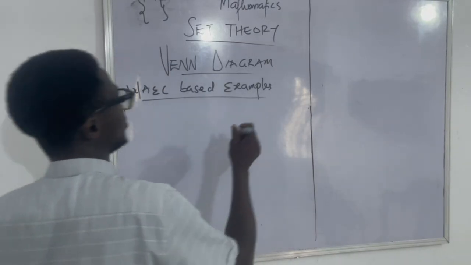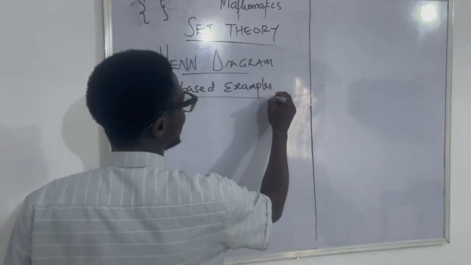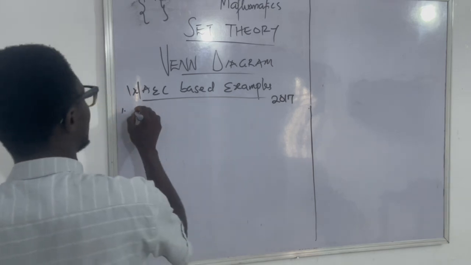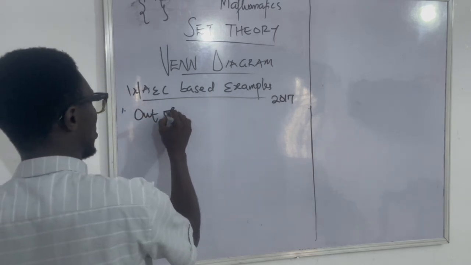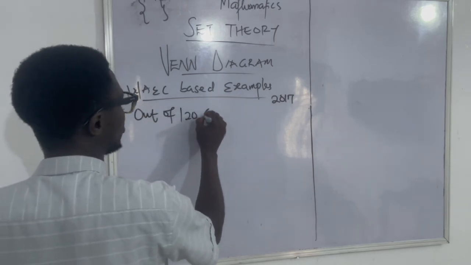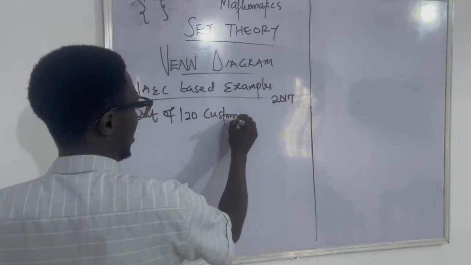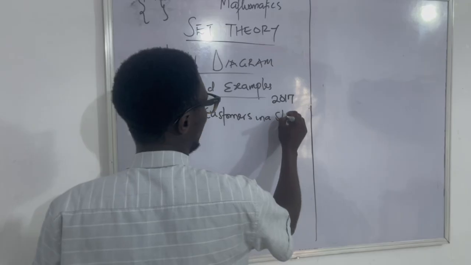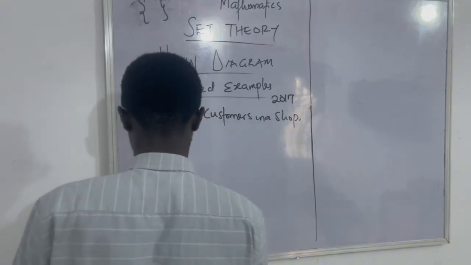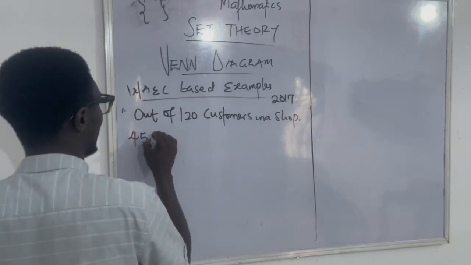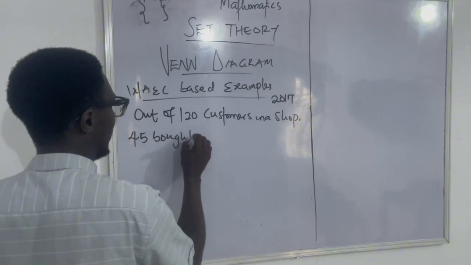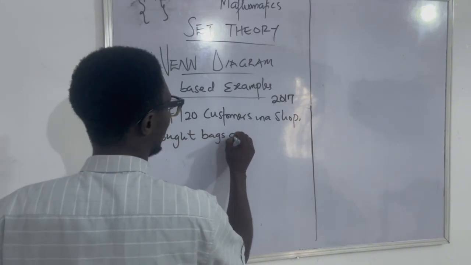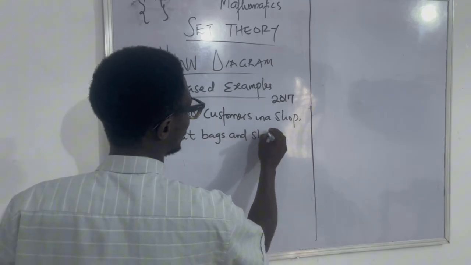So this one is question 5, 2017. Question 5. It said out of 120 customers in a shop, 45 bought bags and shoes.